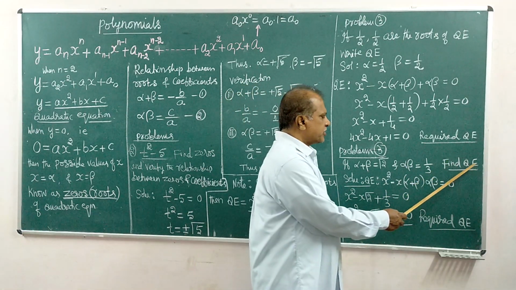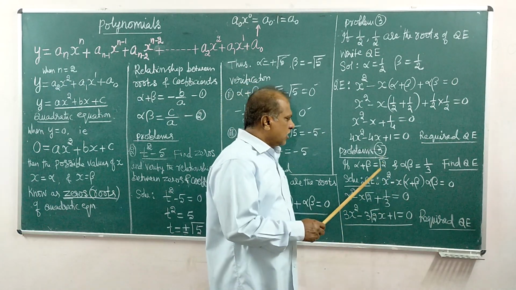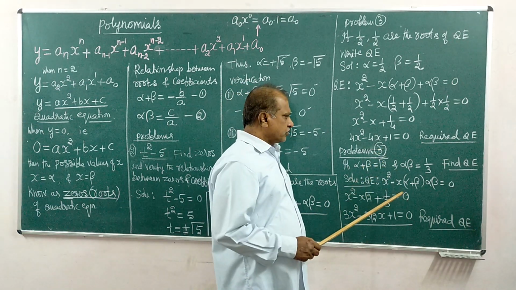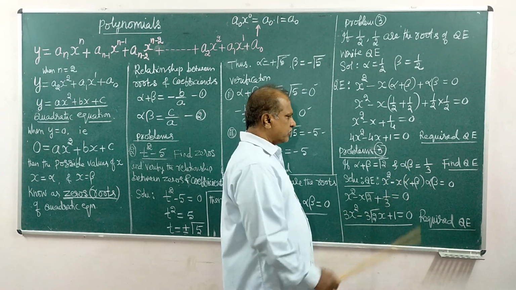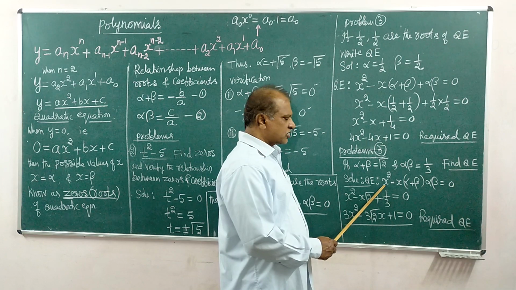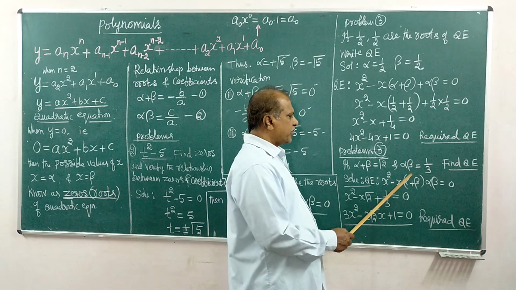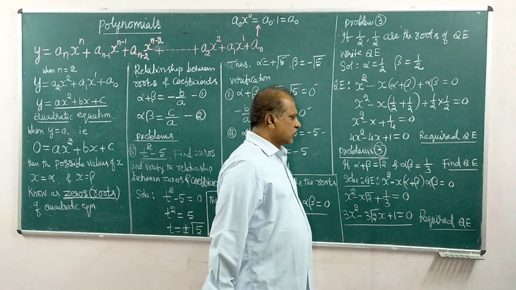Find the quadratic equation. The standard form is in terms of alpha and beta.